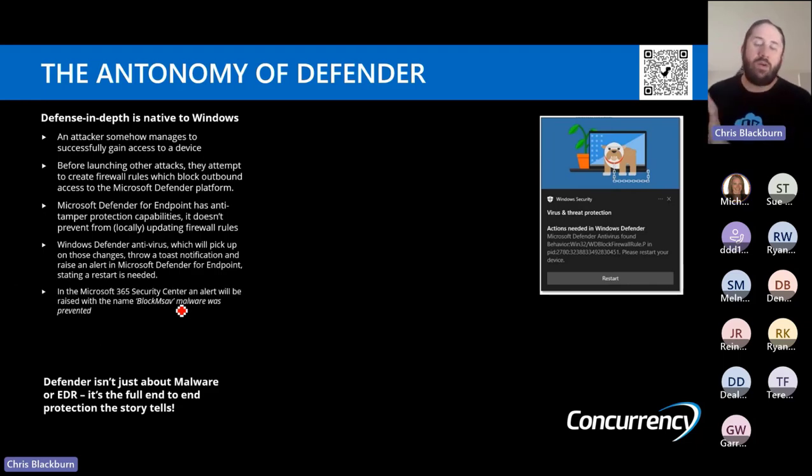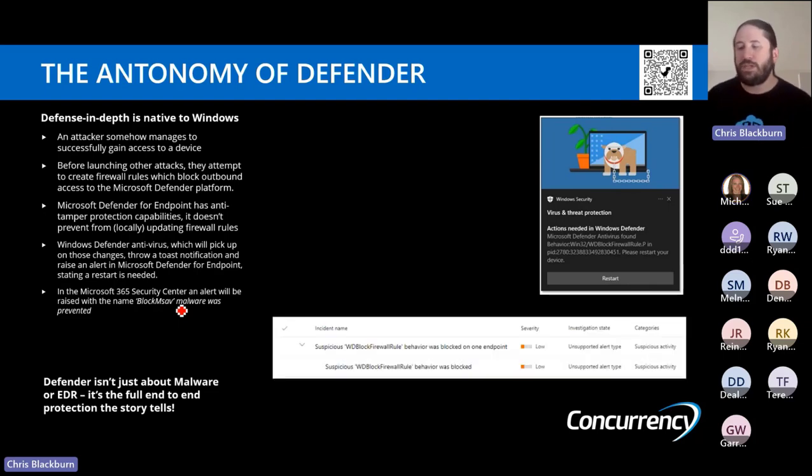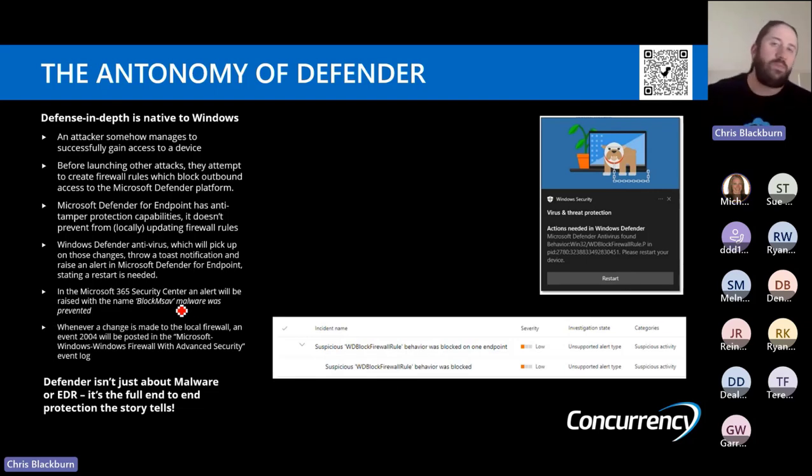In the background, it's preventing that firewall change from happening, and it's also sending reporting up to the security portal that says, hey, there's suspicious activity on this machine. It lets your IT team know they need to take action, or potentially not. As long as the person on the machine sees that notification and restarts, they can quickly remediate, because after a reboot it's going to turn those rules back on and everything's going to be functioning properly.